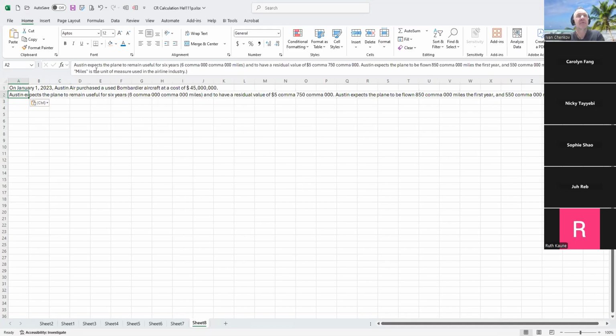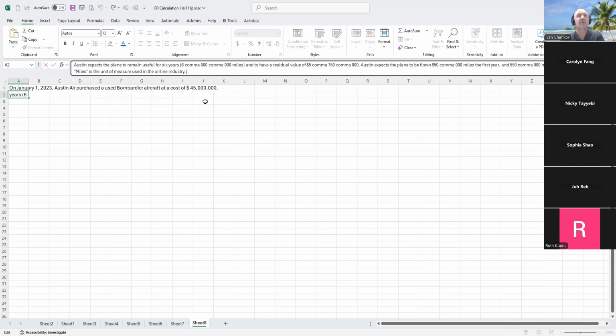Company expects the plane to remain useful for 6 years or 6 million miles and have a residual value of $750,000.